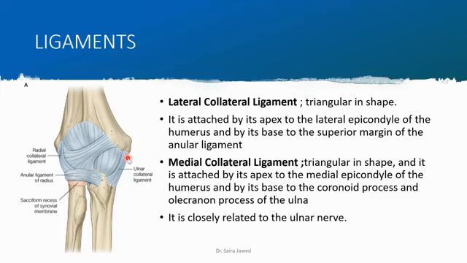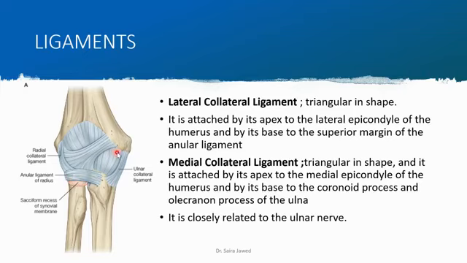And as the name indicates, the lateral collateral ligament attaches to the lateral condyle of the humerus above and to the annular ligament, which is attaching the superior radioulnar joint, below.